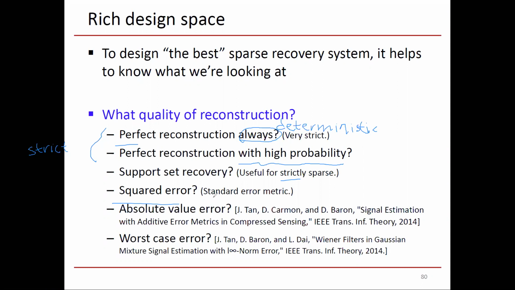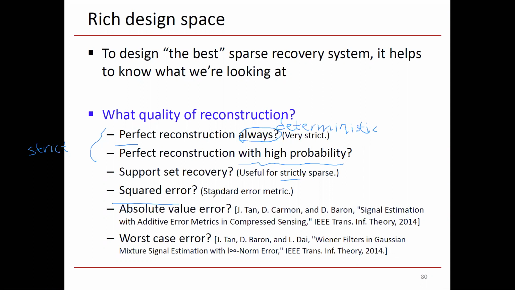But imagine that for whatever reason, the small errors are bothersome to you in your application. Now, an absolute value error, an L1 error, would mean that these many, many small magnitude errors are being penalized more, and the smaller number of larger errors will not be penalized quite as much as in squared error. So maybe absolute value error is of interest to your application.